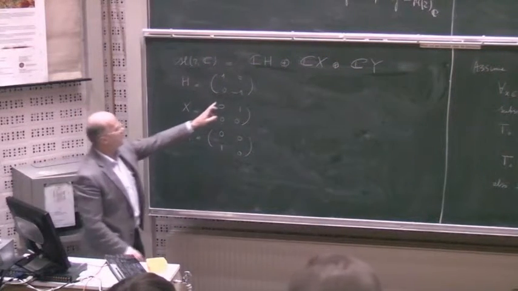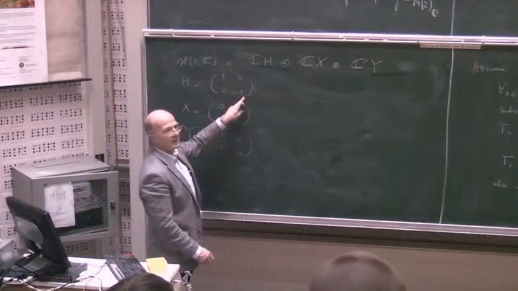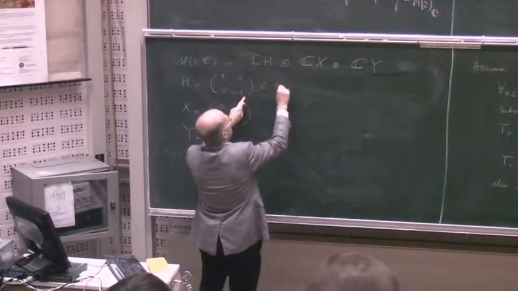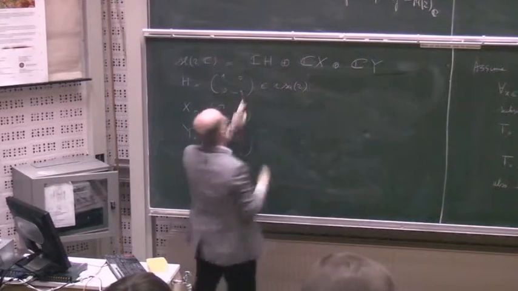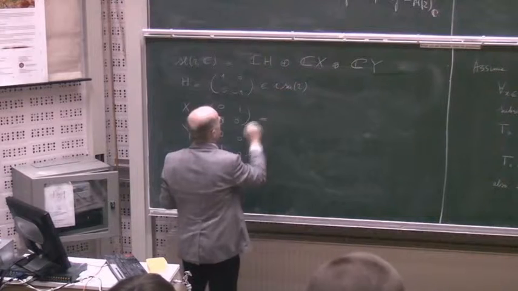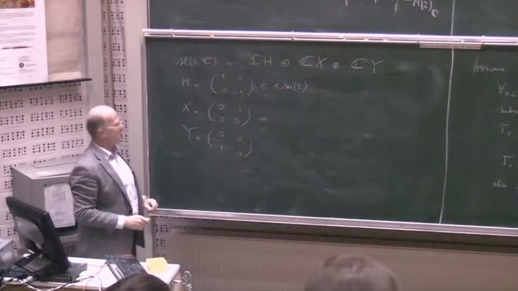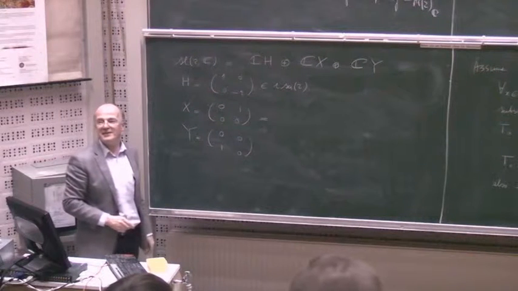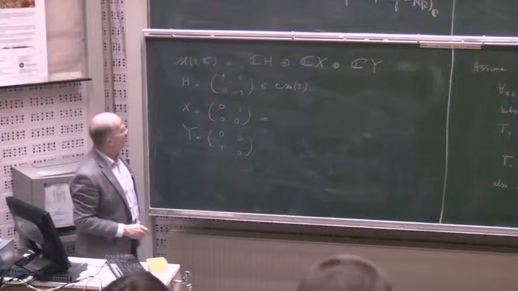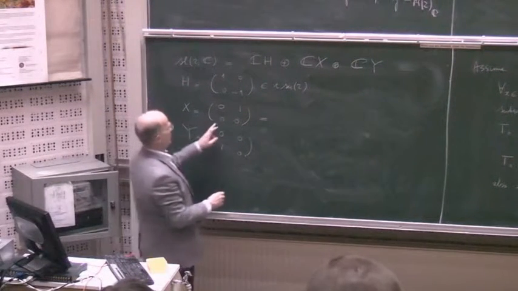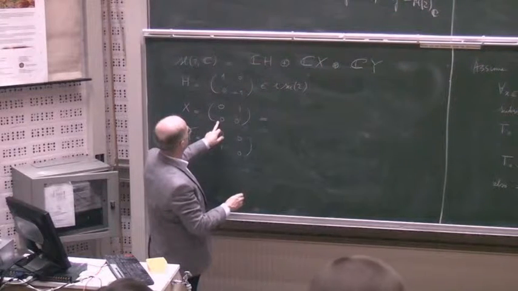Now, this matrix is already symmetric. So this one belongs to i times SU2. This one is not symmetric, nor is it anti-symmetric. We can split it into a symmetric and an anti-symmetric part. How do we get the symmetric part? Let's first get the anti-symmetric part.